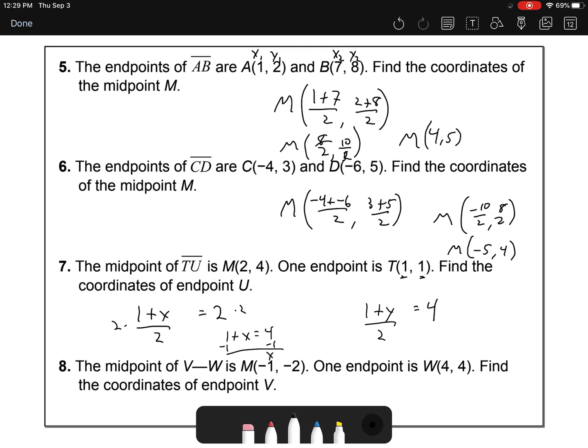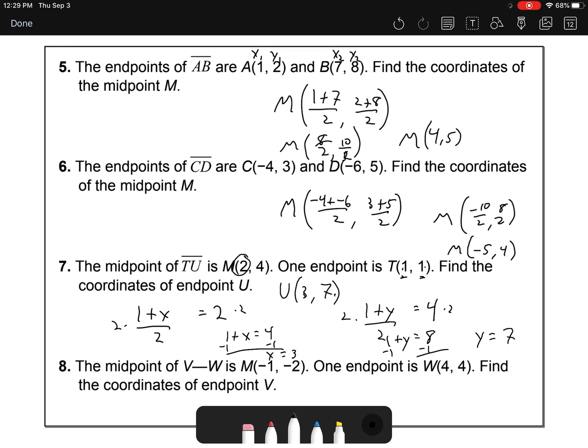You get 1 plus x equals 4. So x equals 3. So U is going to be 3 something. Multiply by 2. So 1 plus y equals 8. Subtract 1. Y is 7. (3, 7). Now check it and see if it's right.